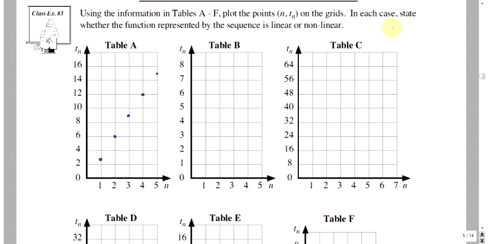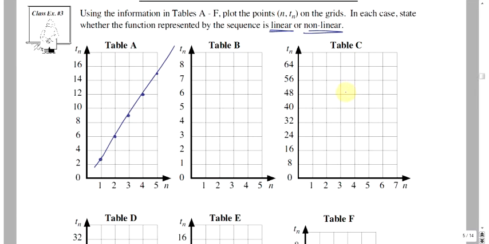Does that look linear? If you remember from grade 10, if you add by the same amount each time, that's one way to show a linear relationship.